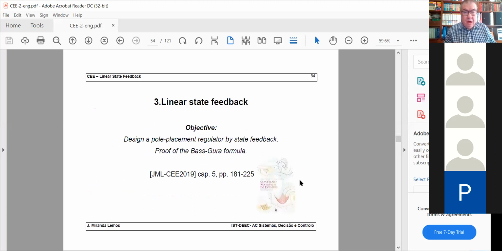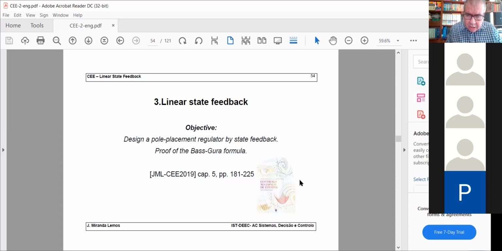Okay, so up to now, today we introduced the concept of observability. Then we have learned that when you have pole zero cancellation, if you lose observability or controllability, you will have them for sure.